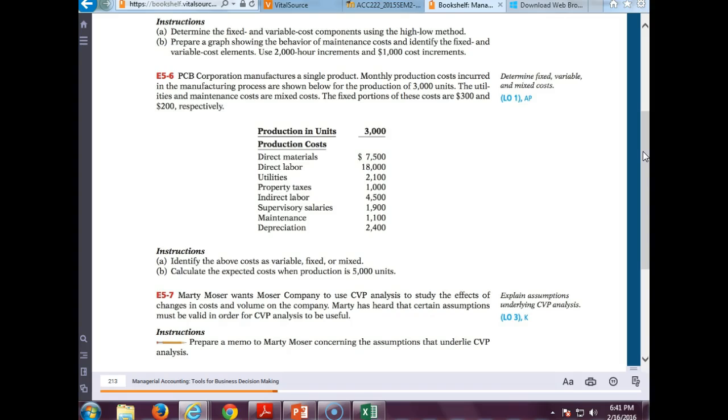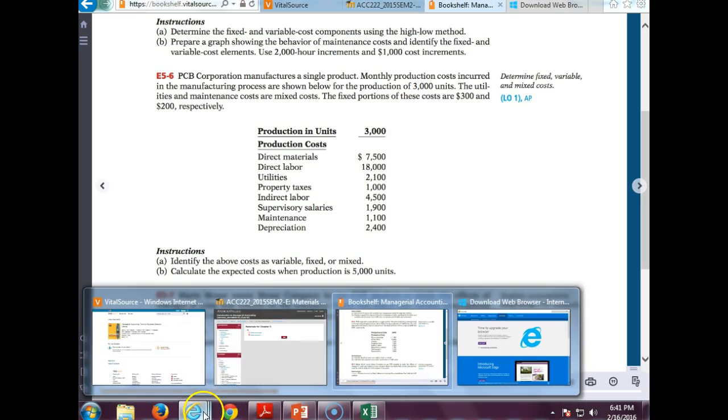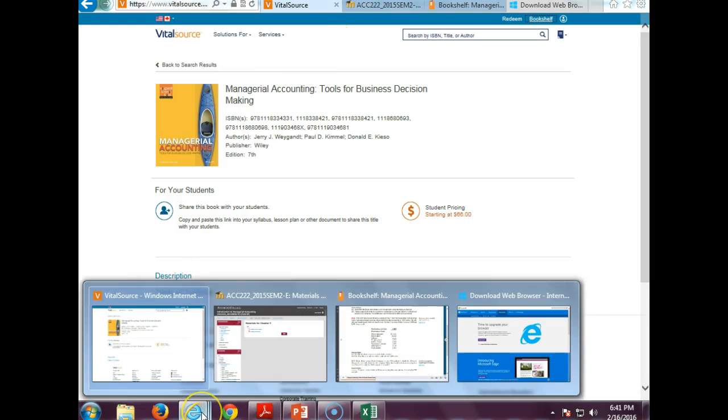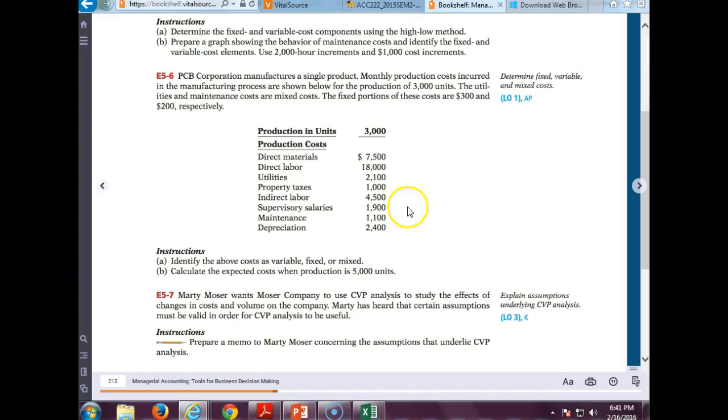Now we're required to calculate the expected costs when production is 5,000 units. How are we going to do this? Well, let me see here. Okay, I'm just going to put this up.